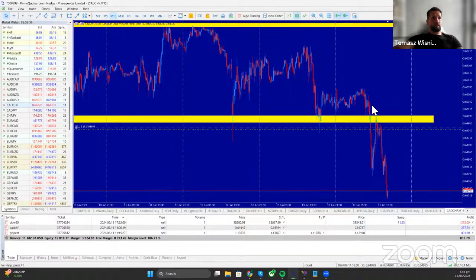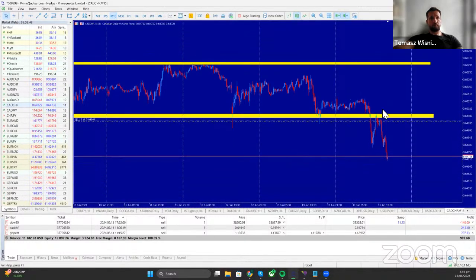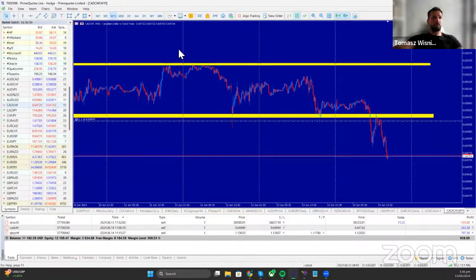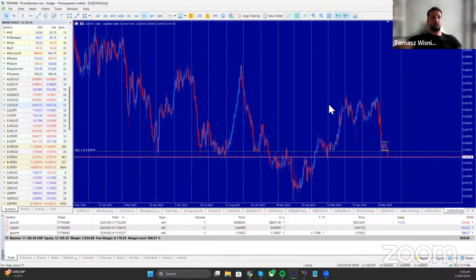And you can see that support was broken today. Then it was tested as a resistance. Test was positive for the sellers because the price bounced off this resistance and is now going lower. That's very clean. There is no magic in there. That's just how it is. That's one way to do it.